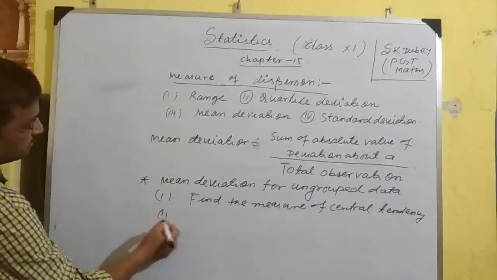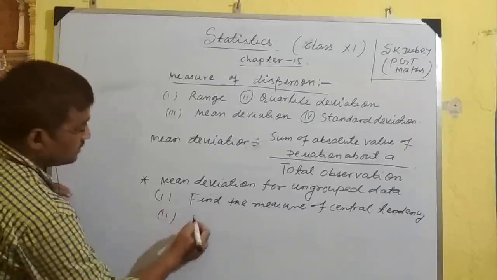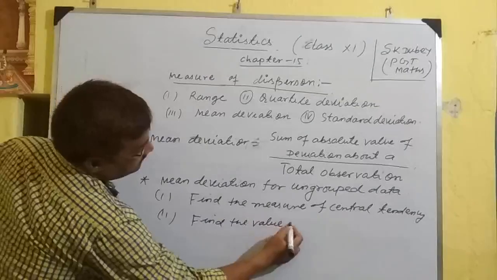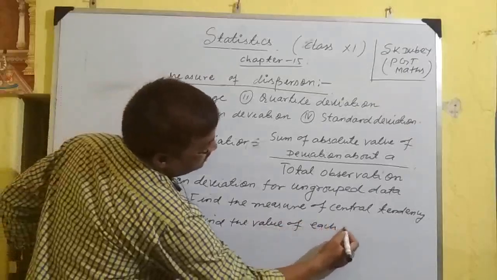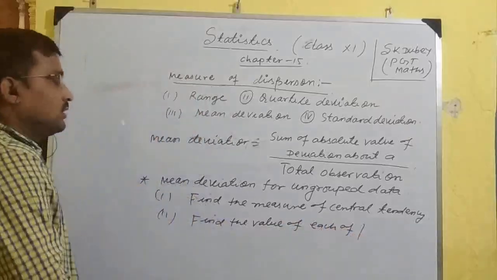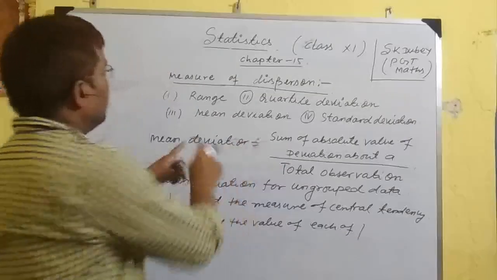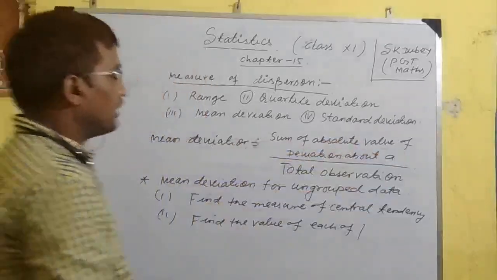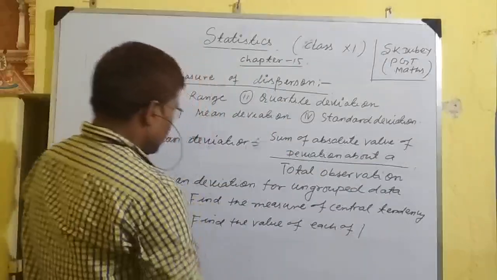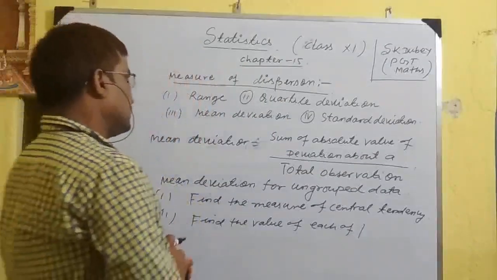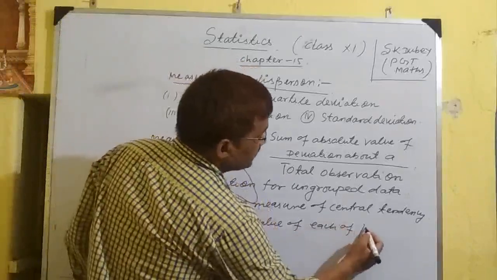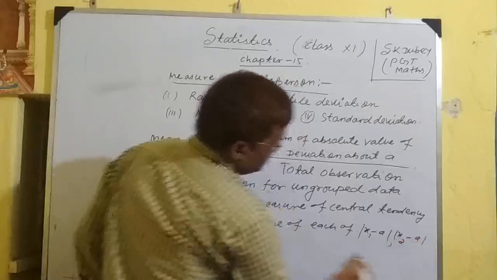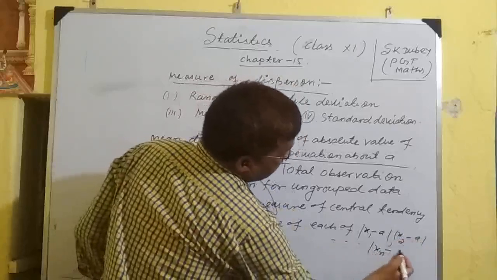In the second step, we will find the value of each absolute deviation, since mean deviation is defined as the sum of absolute value of deviation about A, that is |x1 minus A|, |x2 minus A| and |xn minus A|.